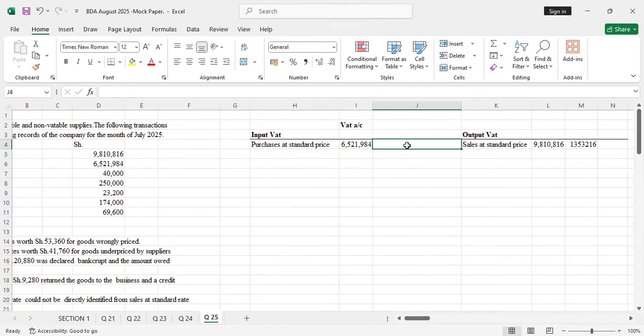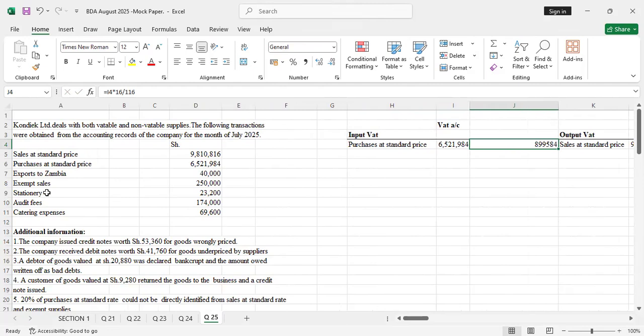Then the amount for the VAT will fall here under the input VAT. Those are standard purchases, so they are subject to VAT. So we'll multiply that by 16 over 116. This is the rate for VAT, and you get that amount.